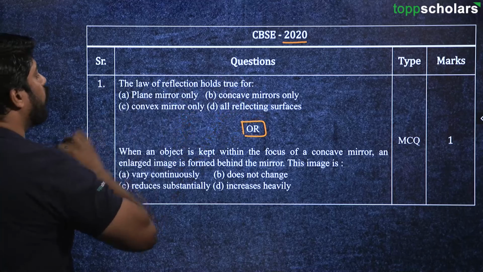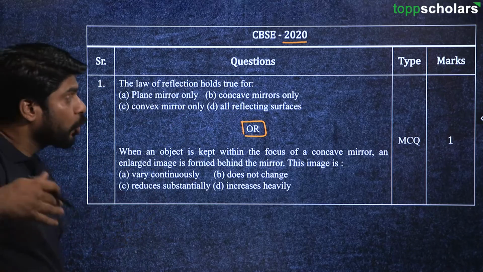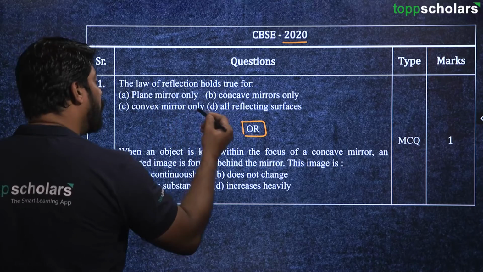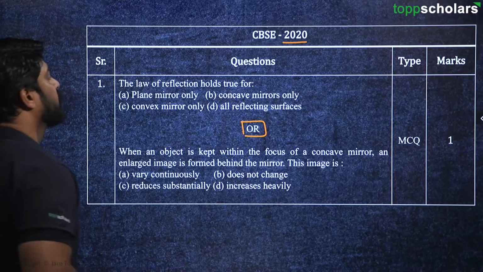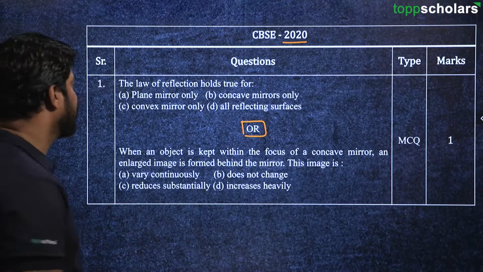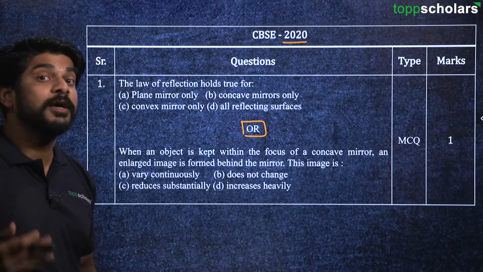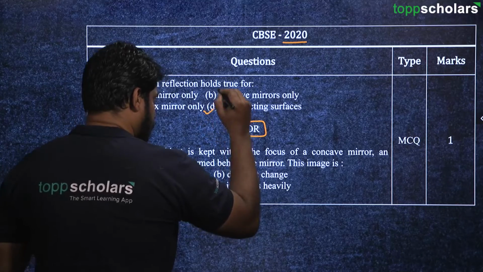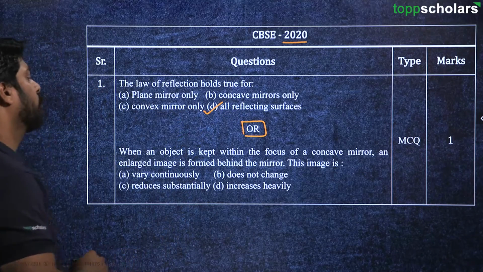We have got 4 options: plane mirror only, concave mirrors only, convex mirror only, and all reflecting surfaces. This is a quite easy question, isn't it? Law of reflection, as we know, holds for all kinds of surfaces. That's why option D is the correct option for this question.